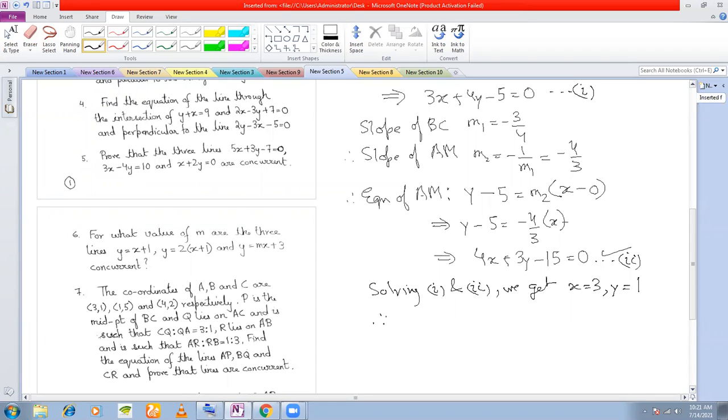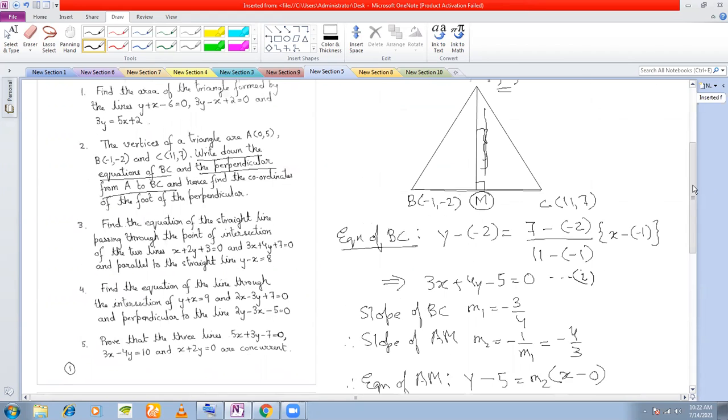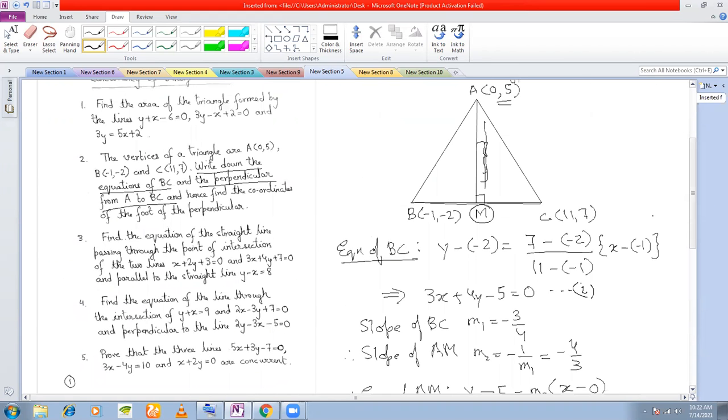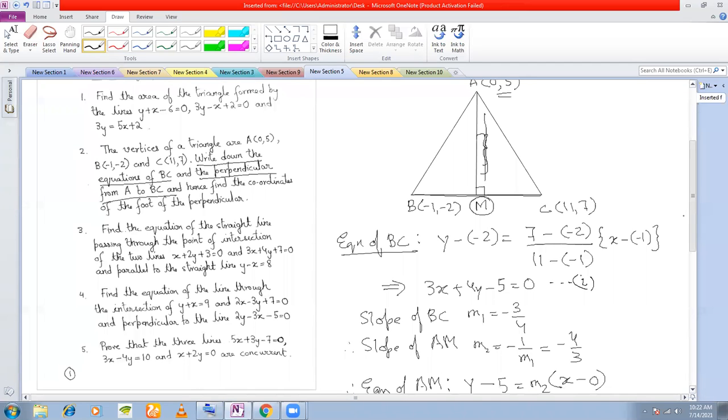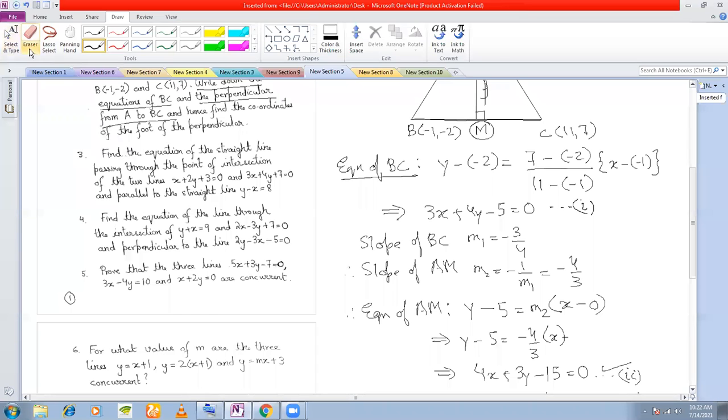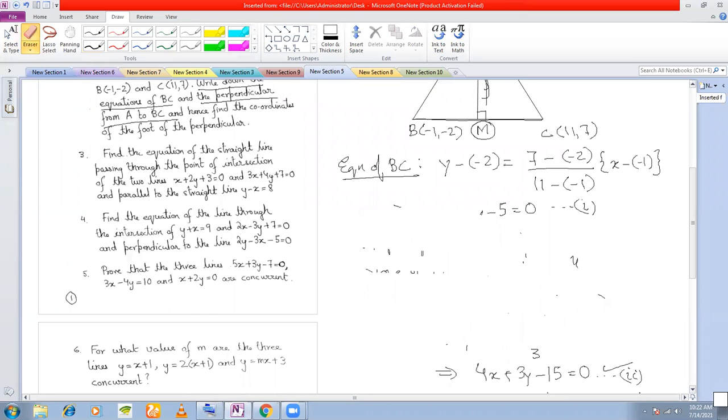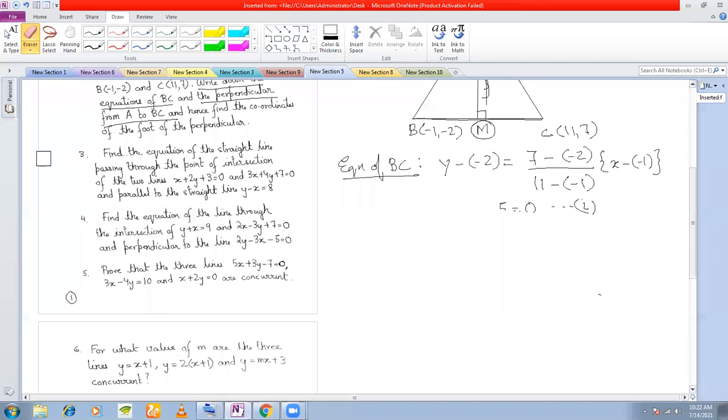So the coordinates of M would be (3, 1), because M is the point of intersection of AM and BC. Clear with this problem? Any question? Then moving on to the next problem.